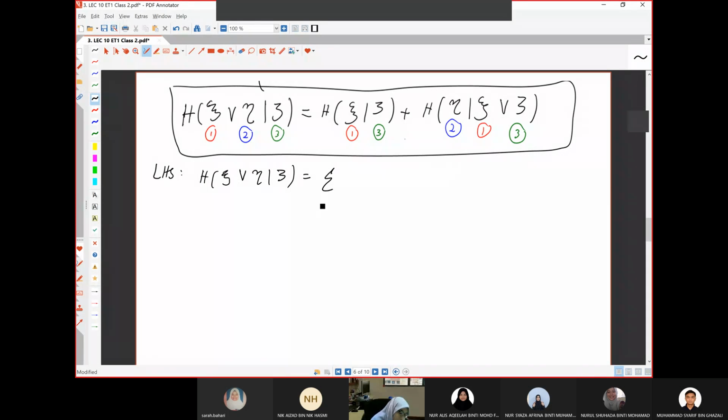So you have the sum over K of mu of CK multiplied with the entropy of psi join with eta given that CK. Okay, this part.